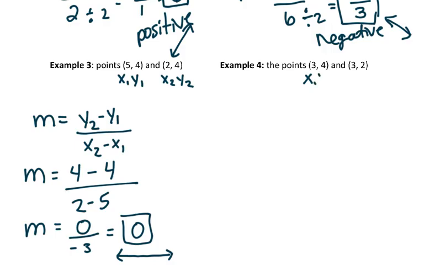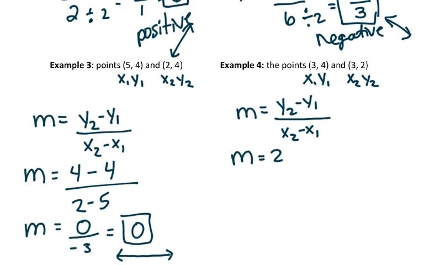Example 4, again, we'll label it x1, y1, x2, y2. Our slope formula for the fourth time is y2 minus y1 over x2 minus x1. We're going to have 2 minus 4 over 3 minus 3. We'll get negative 2 on top and 0 on the bottom.